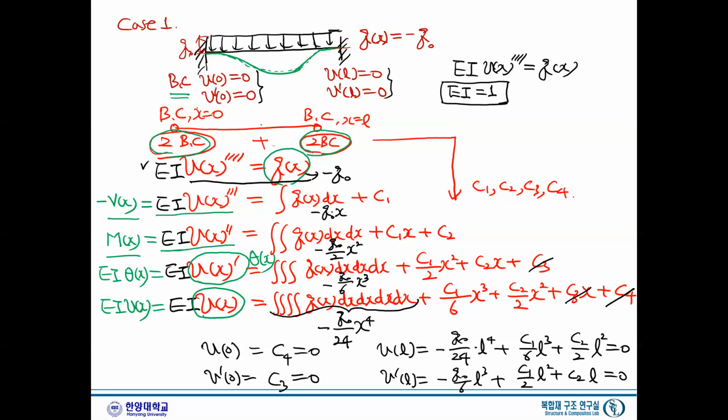Well, we don't know the shear force, which is the third derivative. In this case, all we know is about the deflection and slope, two at each boundary, so totally four boundary conditions, which was enough.